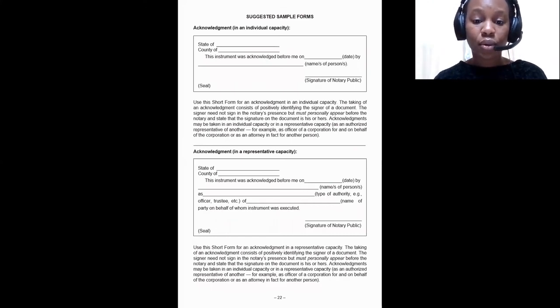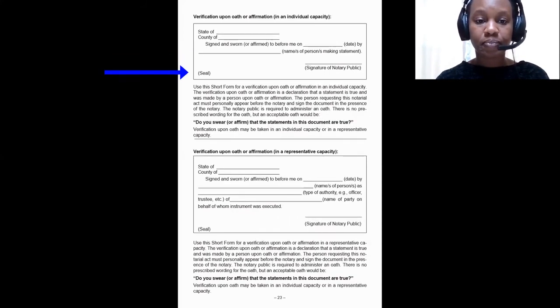Again, this is recapping what we have already gone through in the beginning. So again, these are the sample forms. If you need this acknowledgement in individual capacity or representative capacity, you would literally copy and paste this into a Word document, and there is your form.